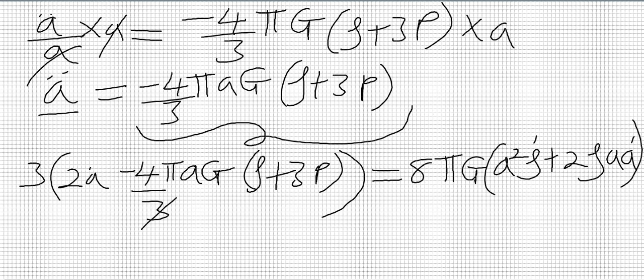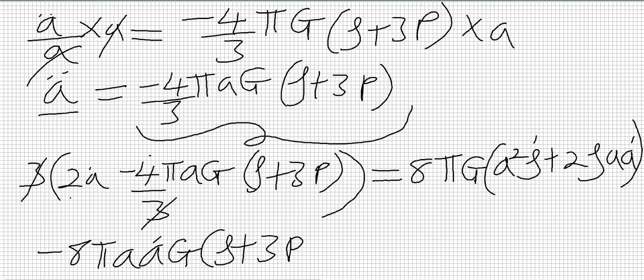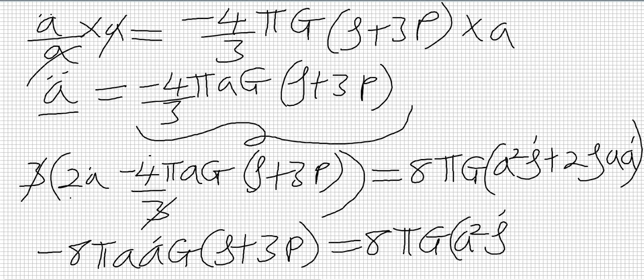Of course, this 3 gets rid of this 3, and this 2 will multiply this 4 to become 8. So we apply those two calculations and we rearrange the equation in a simpler form. We get negative 8 pi a dot G into rho plus 3p equals 8 pi G into a squared rho dot plus 2 rho a a dot.